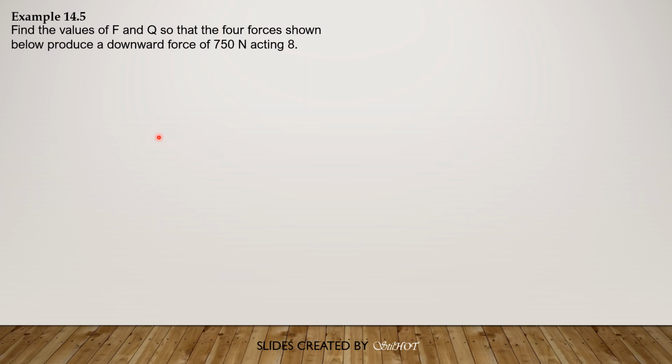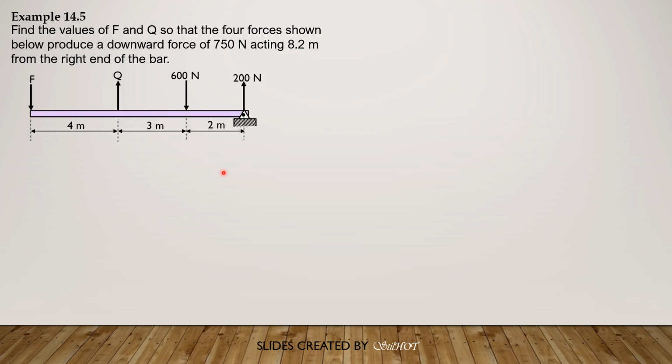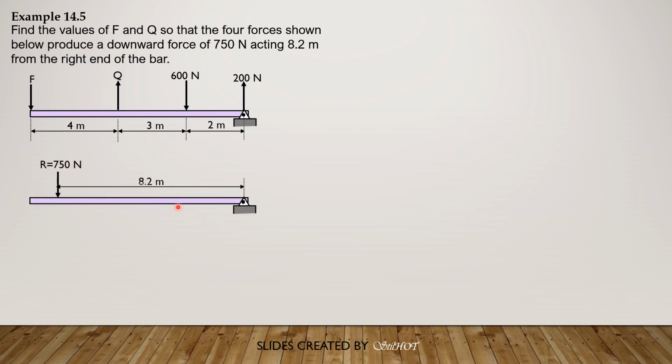Example 14.5: find the value of F and Q so that the four forces shown below produce a downward force of 750 newtons acting 8.2 meters from the right end of the bar. So this is the given figure, and this is equivalent to this system here, a downward force of 750 newtons acting 8.2 meters from the right end of the bar.